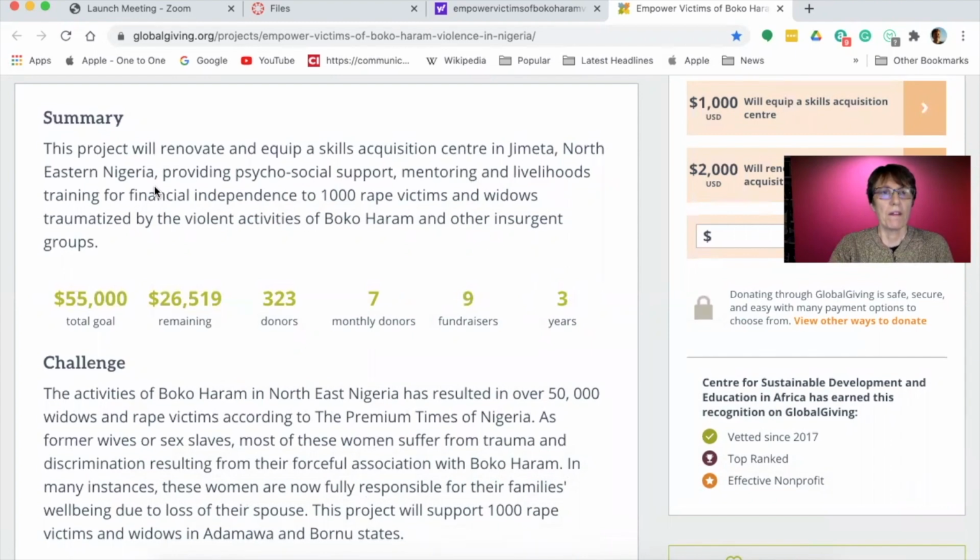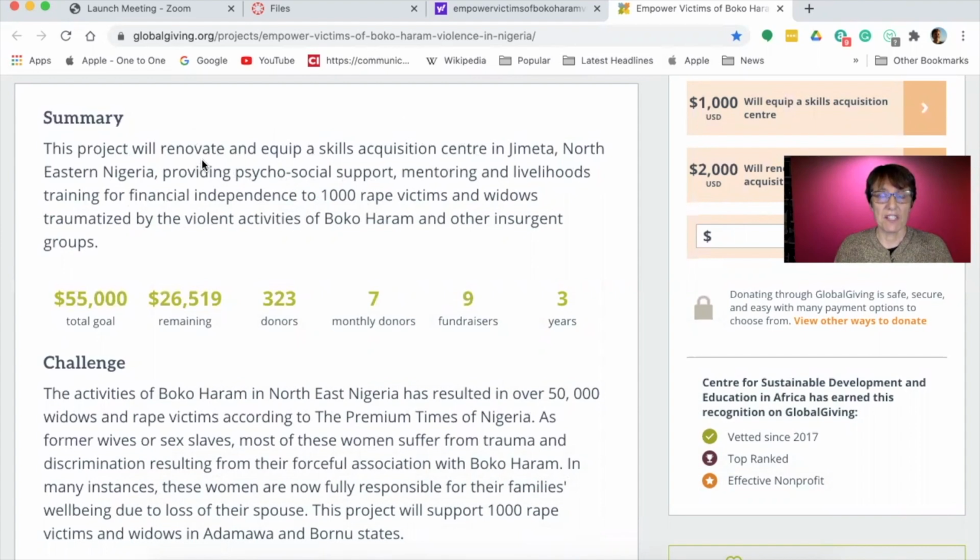As I said, peace building involves sustainable development. By building this skills acquisition center in this area of northeastern Nigeria, where a lot of the Boko Haram activities have occurred, they are training these women who have survived.